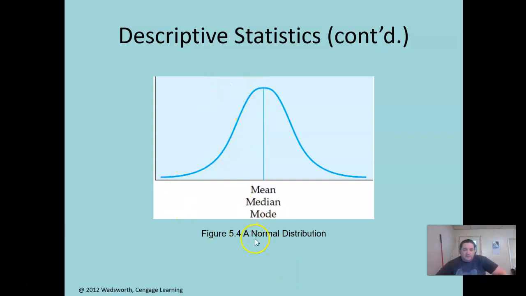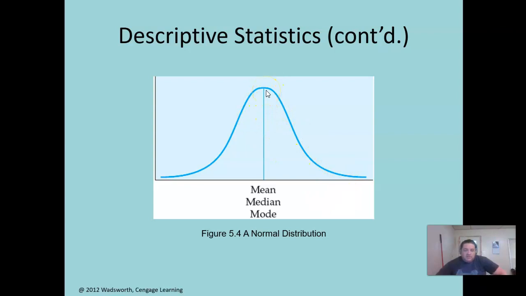So as we can see, here's a normal distribution. This side is symmetrical to this side. So the scores are going to gradually go from nothing up to the mean, mode, and median. Now, if you notice, they're all the same, mean, mode, and median in a normal distribution.